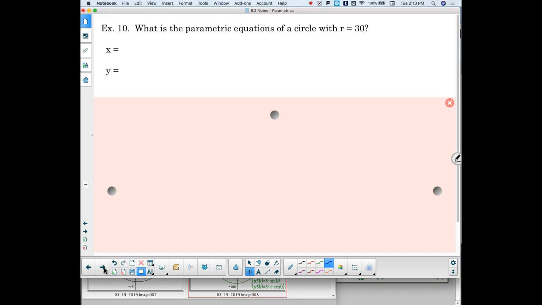So what is the parametric equation of a circle centered at the origin with radius of 30? 30 cosine of t, and 30 sine of t for my y.